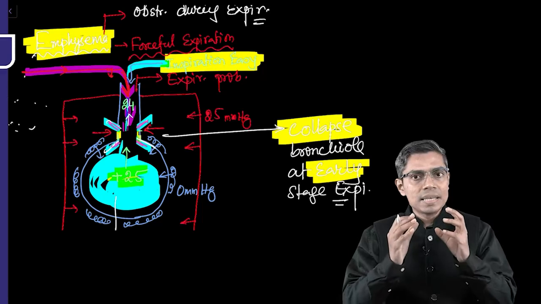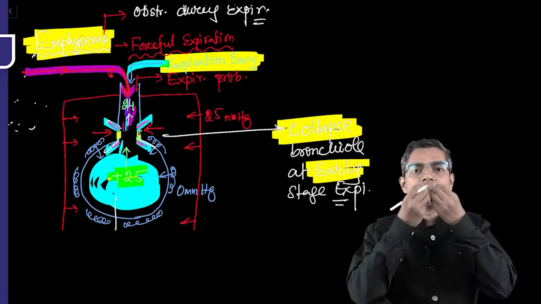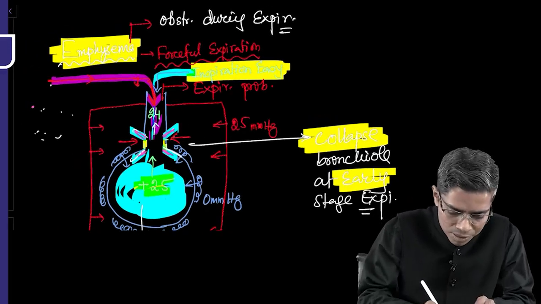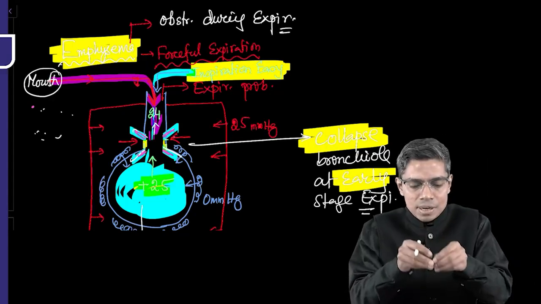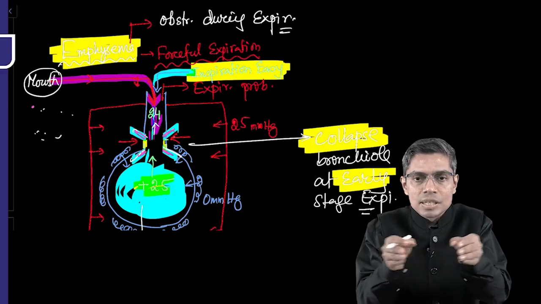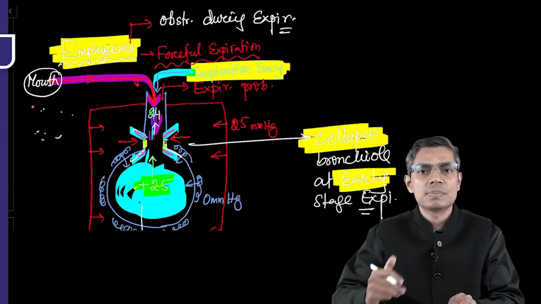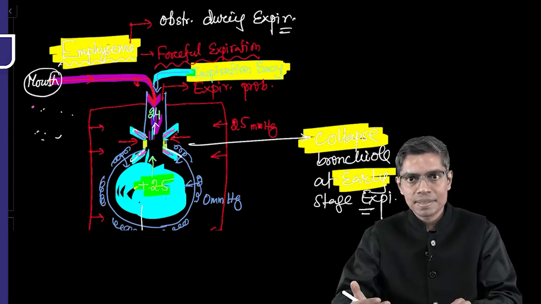So if I give some positive pressure from this mouth region, it will enter inside these bronchioles and try to open up the closed bronchioles, so you can maintain your expiration for some long time.